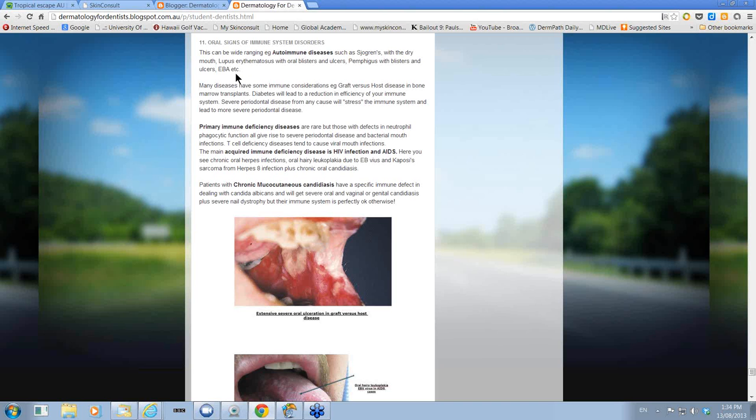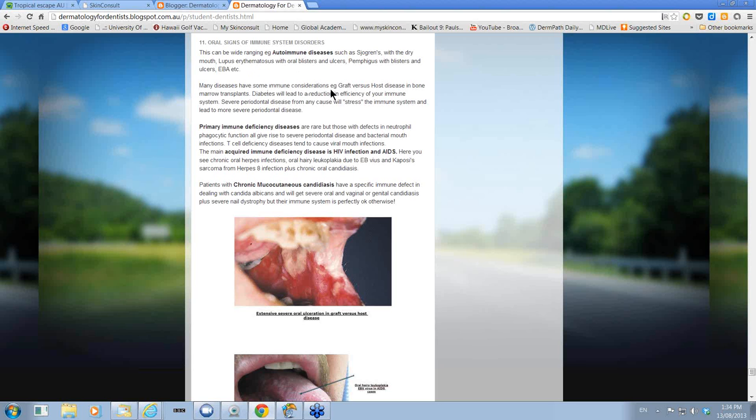But it can also present with blisters in the mouth as well. So these are fairly rare conditions. You're not going to see a lot of them. Sjogren's certainly is the one that dental students really should spend some time reading up about and knowing the ins and outs of that disorder.